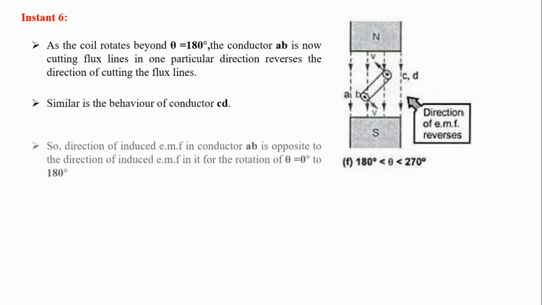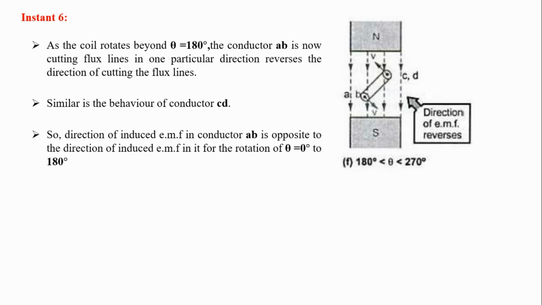So the direction of induced EMF in conductor AB is opposite to the direction of induced EMF in it for the rotation of theta is equal to 0 degree to 180 degree. So the direction of current and the direction of induced EMF changes.